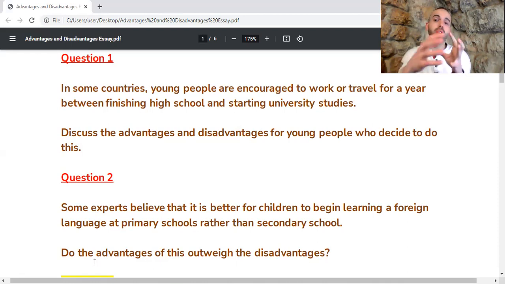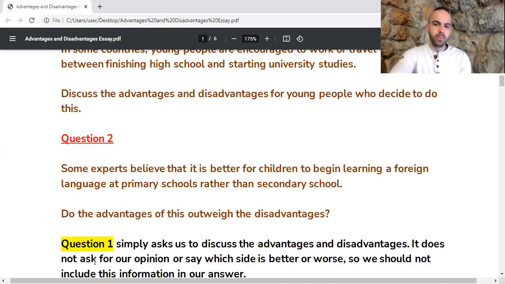So we need to differentiate between these two questions. Please make sure that you delete the idea of having only one type of IELTS advantages and disadvantages essays. So now you have to change your mind about this idea. Okay, don't forget this.